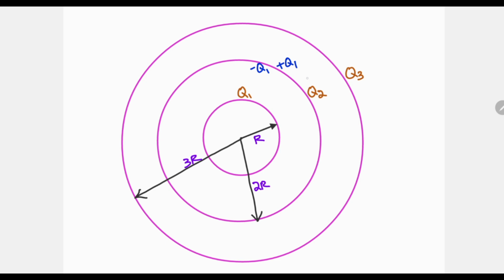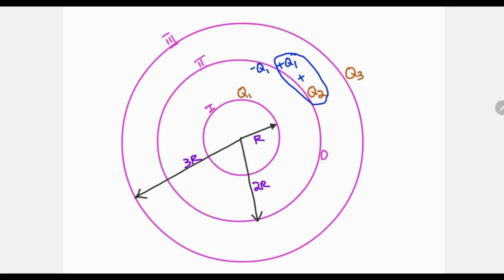Now here, what is the total charge? Q1 plus Q2, due to induction on the surface of the second shell. If you want, I can label it. This is the first shell, this is the second shell, and this is the third shell. So on the surface of the second shell, the charge becomes Q1 plus Q2.